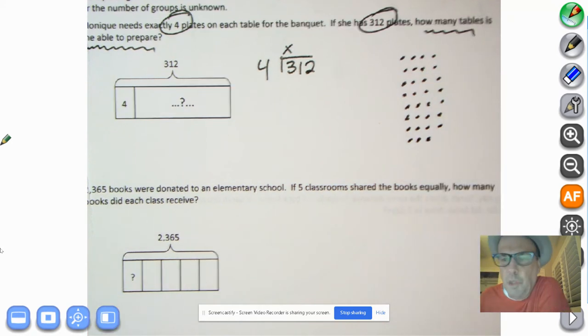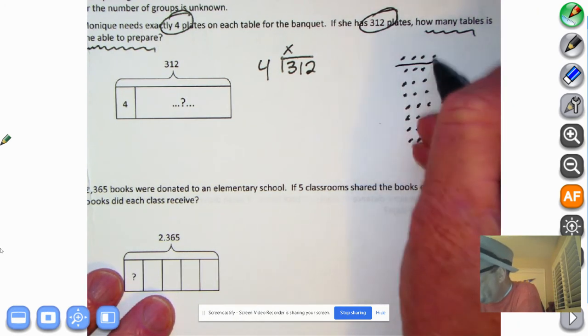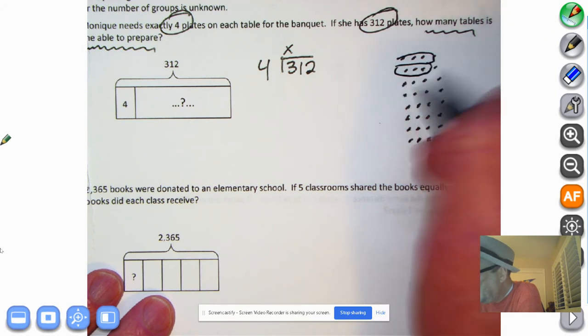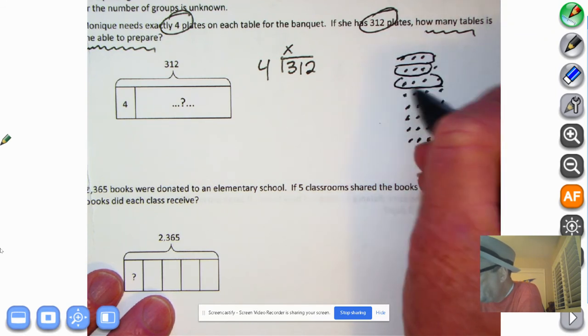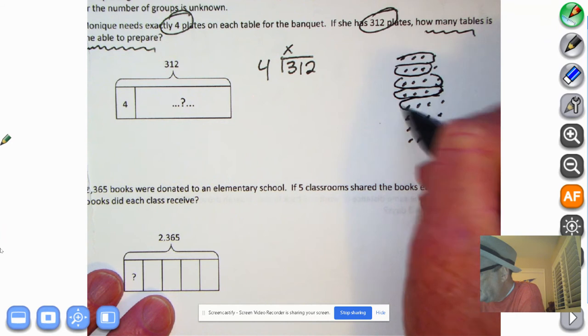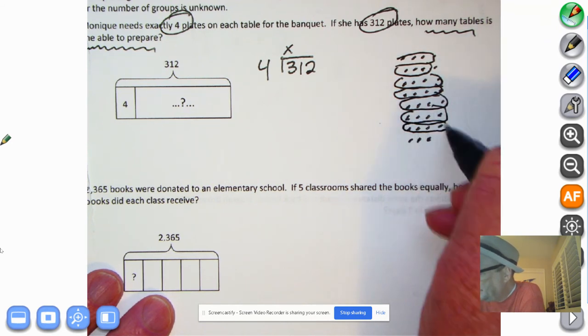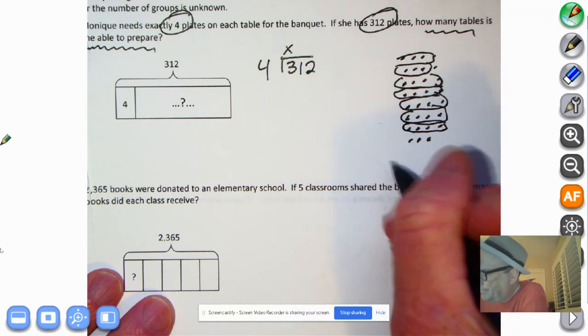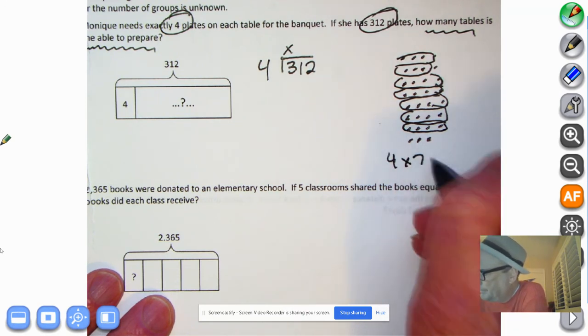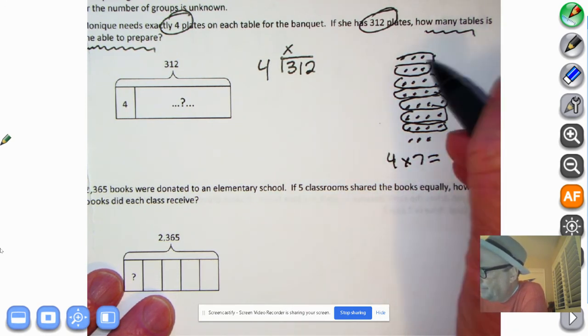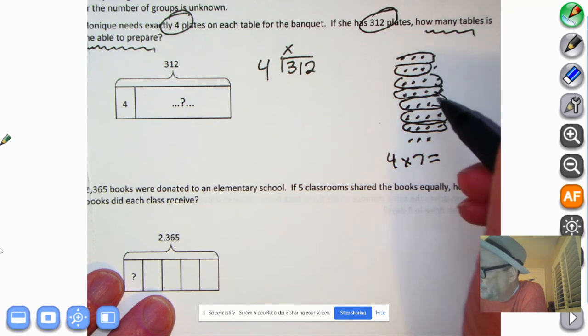Okay, just a visual demonstration of 31, or 310, divided by 4. So how many groups of 4 do we have? Well, we have 1, 2, 3, 4, 5, 6, 7. So we have 7 groups of 4. 4 times 7. What does that equal? Well, we have 4, 8, 12, 16, 20, 24, 28.